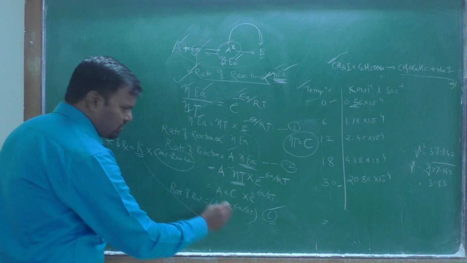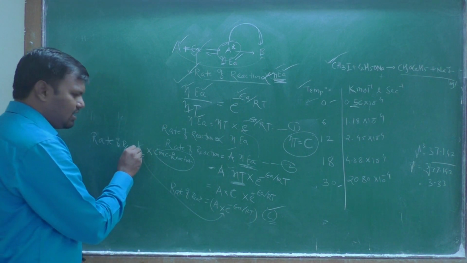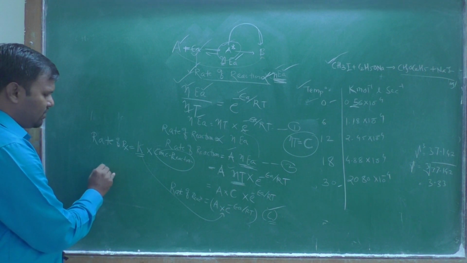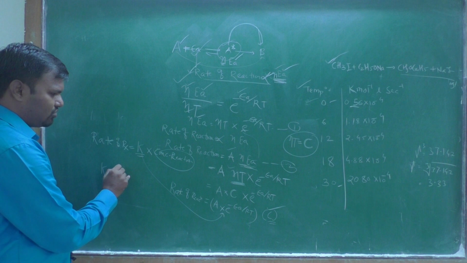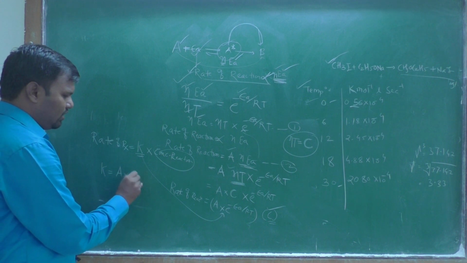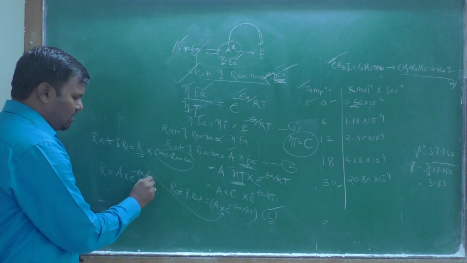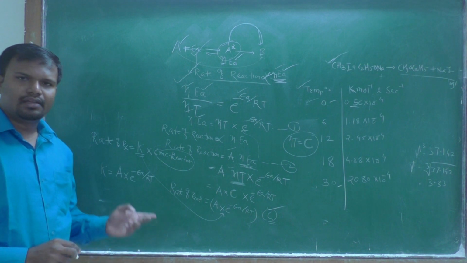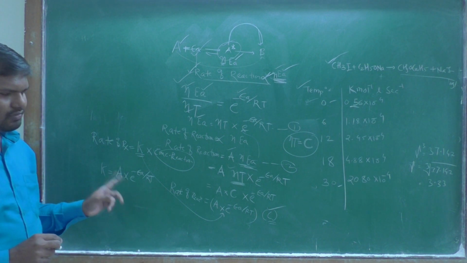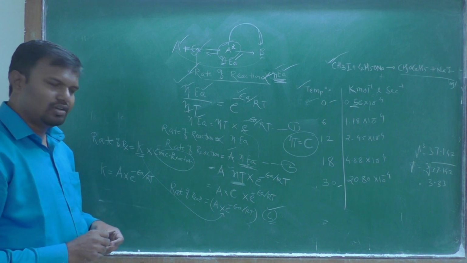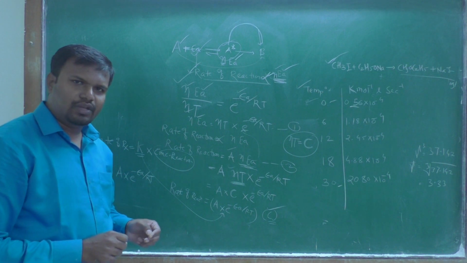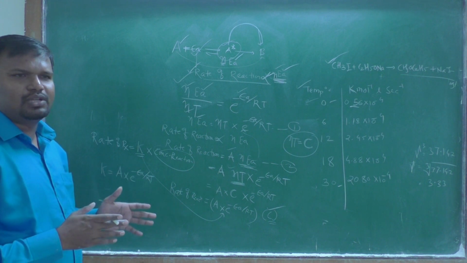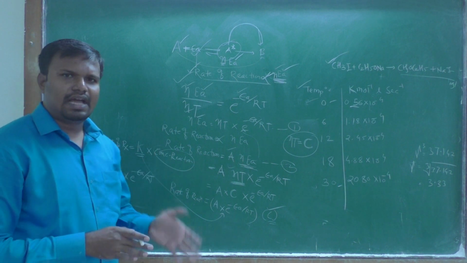Therefore, the rate constant K is equal to A into e raised to minus Ea upon RT. This is the exponential form of the Arrhenius equation, and when you take its derivative, you will obtain the differential form of the Arrhenius equation.